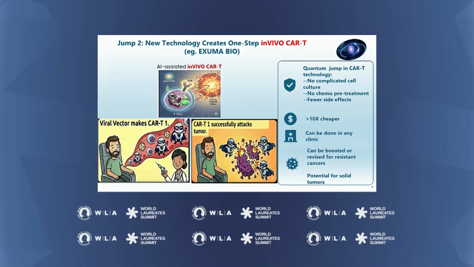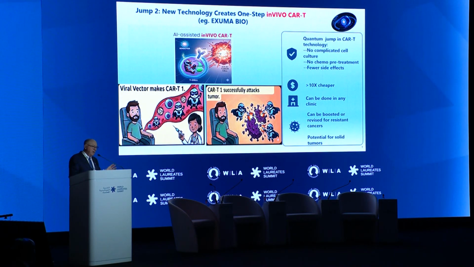But anyway, they've been very successful at creating a new way to make CAR T cells. They've developed a kind of vector, a viral vector that they can use to target the T cells. They inject the vector directly into the patient. The vector binds to and puts the CAR machinery inside the T cell.